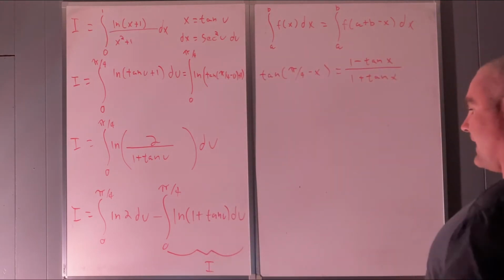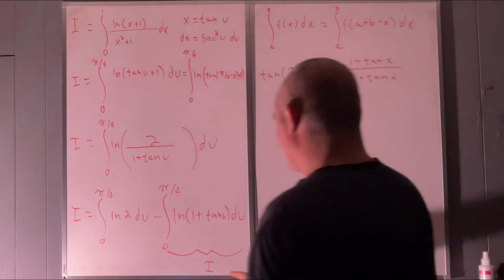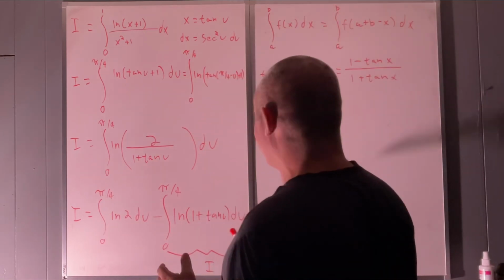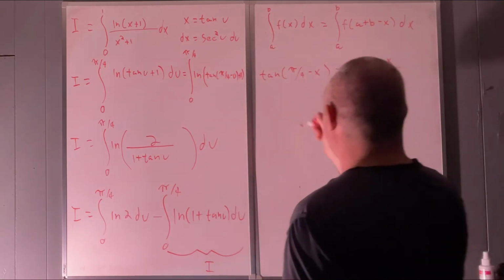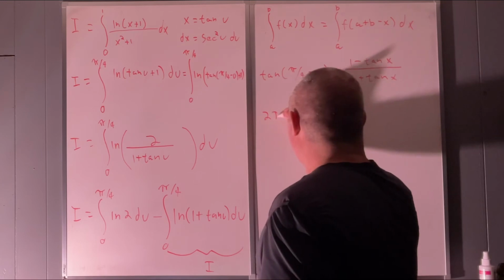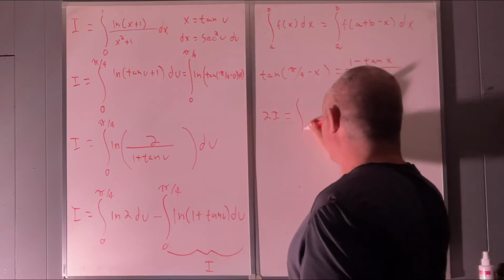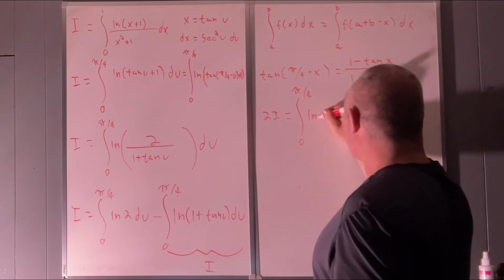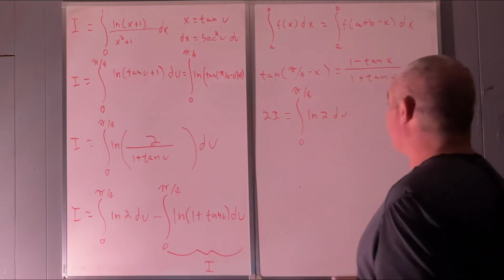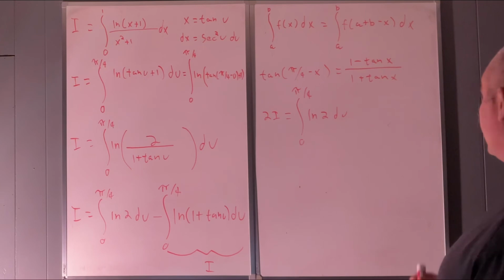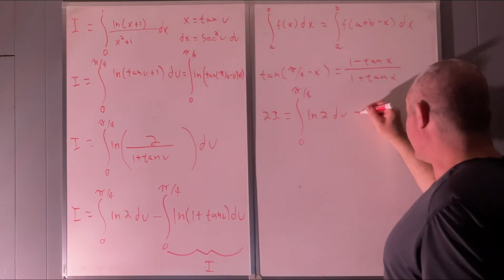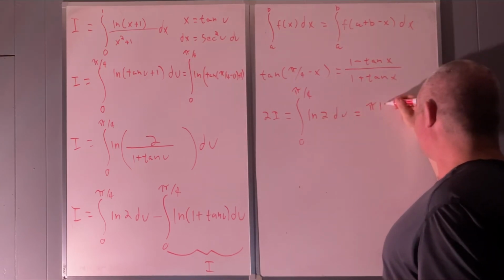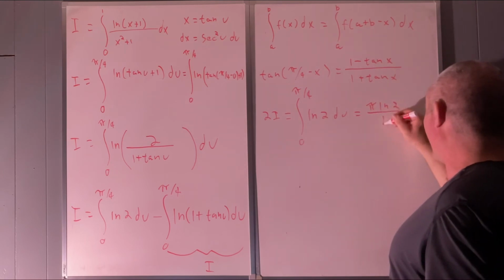All right, so now adding I to both sides will give us this. 2I is equal to the integral from 0 to pi over 4 of the natural log of 2 du. So that's going to be equal to pi natural log 2 over 4.